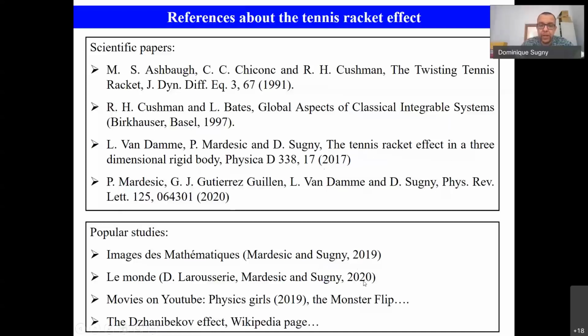We have also published, in French, 2 popular papers, one in Images des Mathématiques, which is a journal from the CNRS in France, and one in Le Monde, with a journalist, David Larousserie. And you can also find a popular course from Physics Girl about the monster flip and the tennis racket effect.